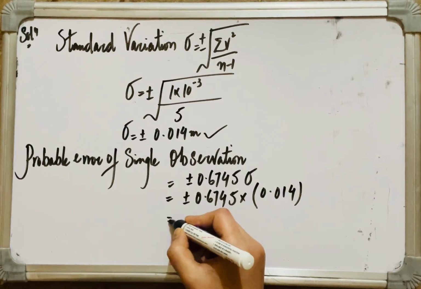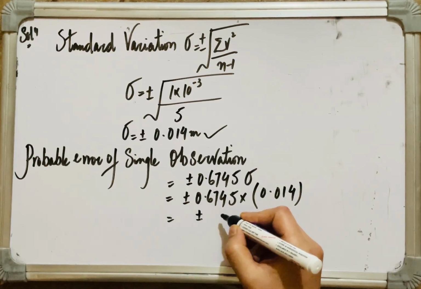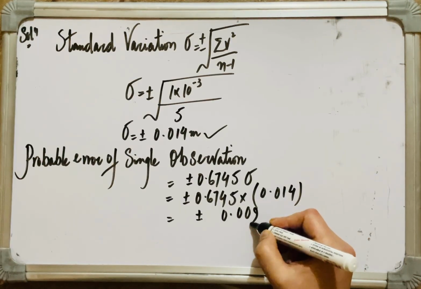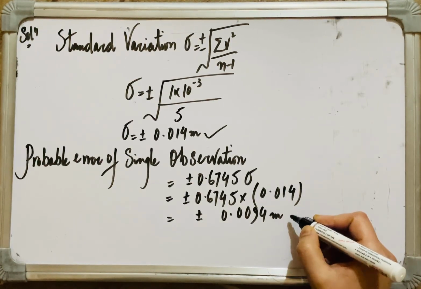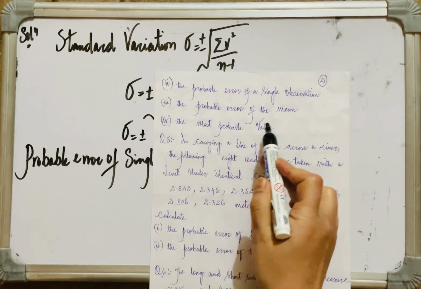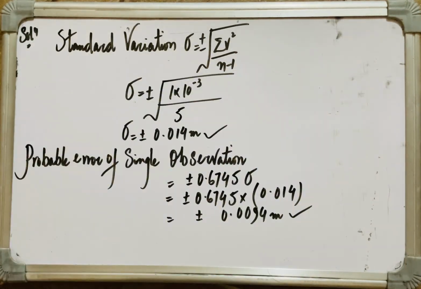So by calculation, this is equal to plus minus 0.0094 meters. So this is the probable error of the single observation. It is 0.0094 meters.